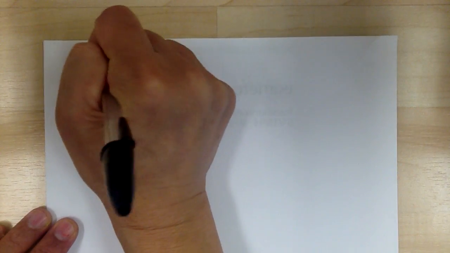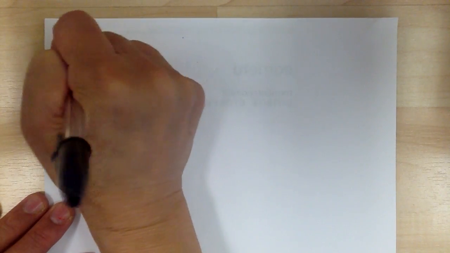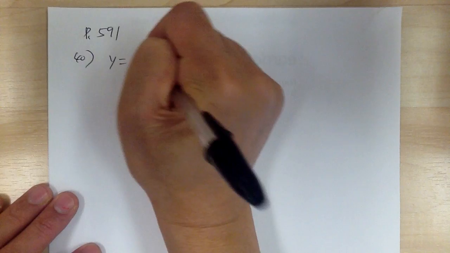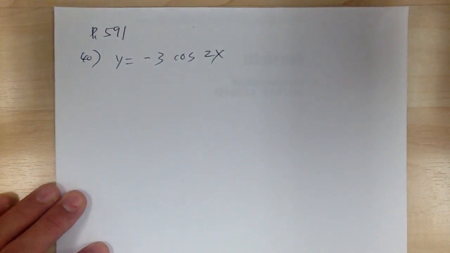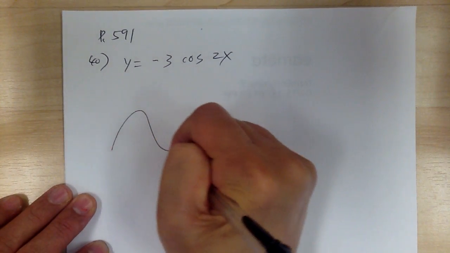Okay, let's go to page 591, and let's just do number 40. Let's graph y equal to -3 cosine of 2x.